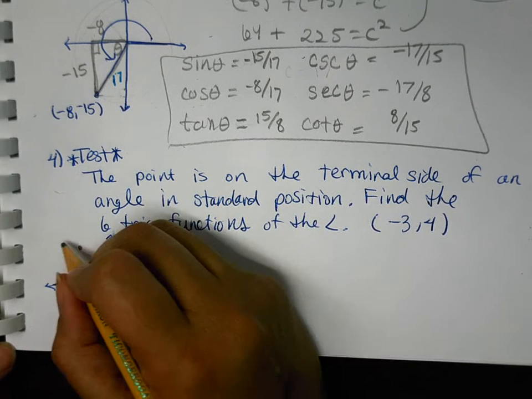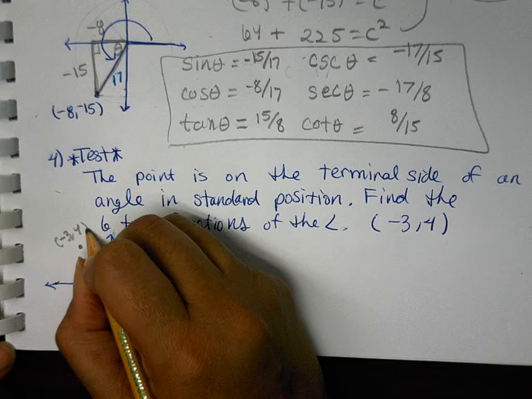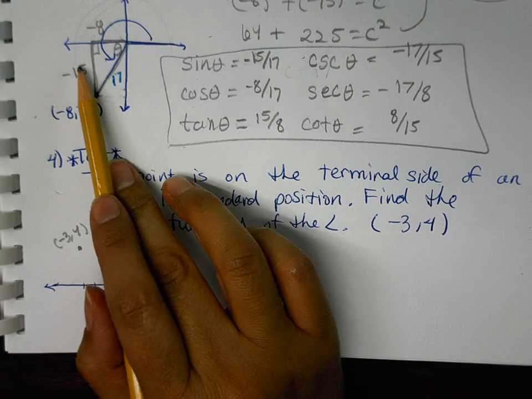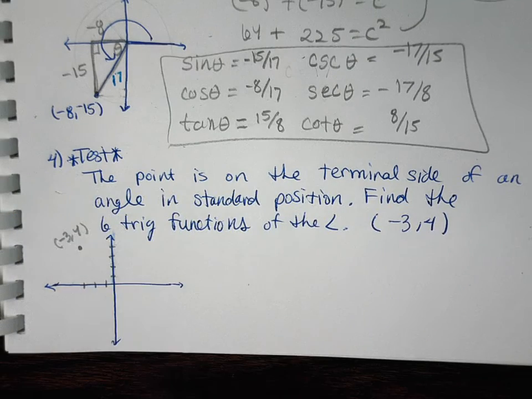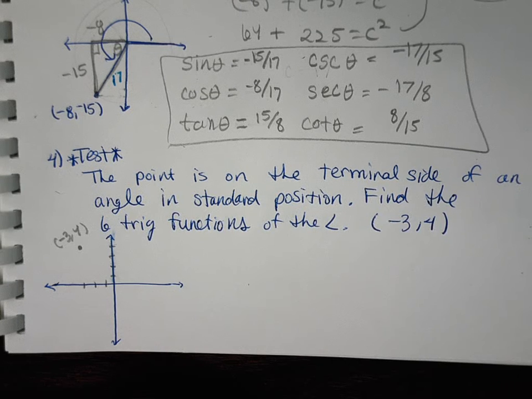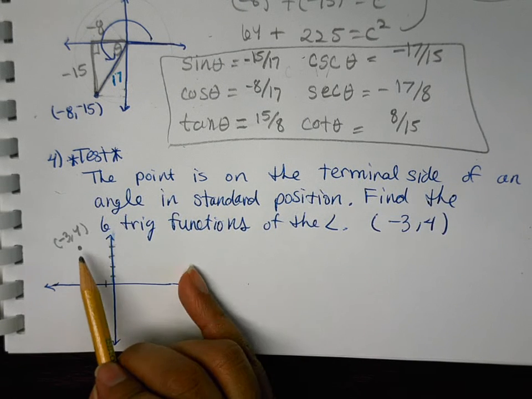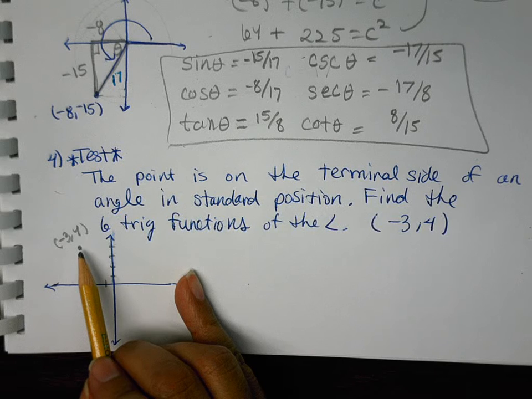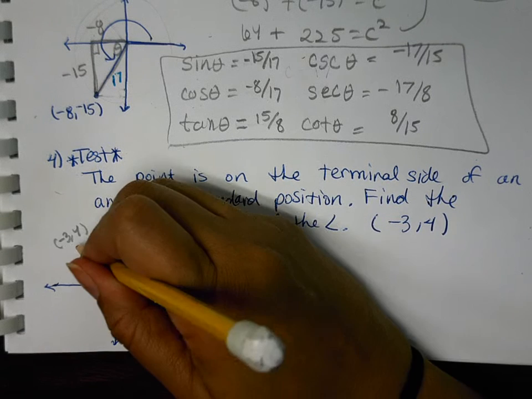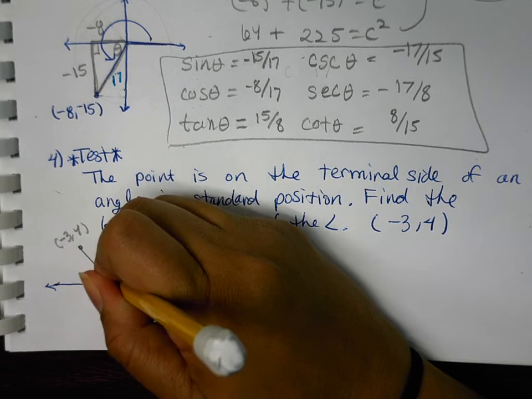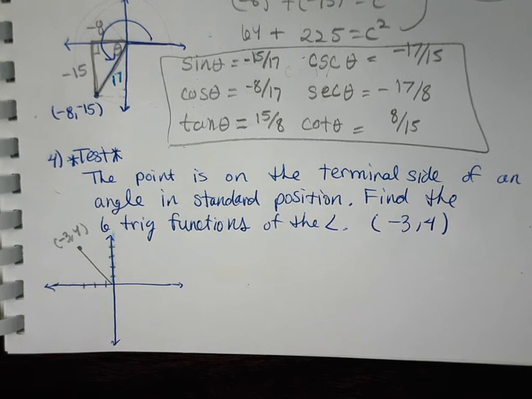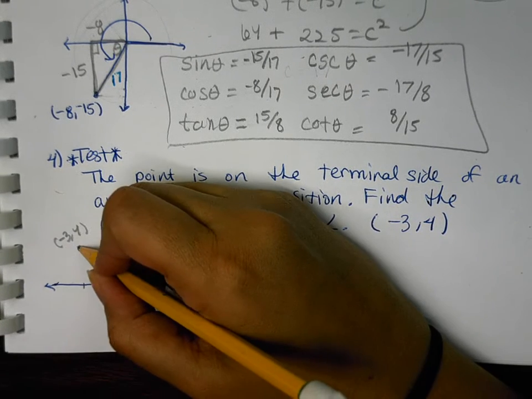So, on the last one, number 3, the point and the terminal side were drawn for us. Was it drawn for us in this case? No, and I think that's maybe where kids get fumbled up. So here's my point. Now, when I draw my terminal side, it always goes to the x. You're a step ahead of me. You are correct. We're going to go to the x, but the terminal side first always goes to the origin.